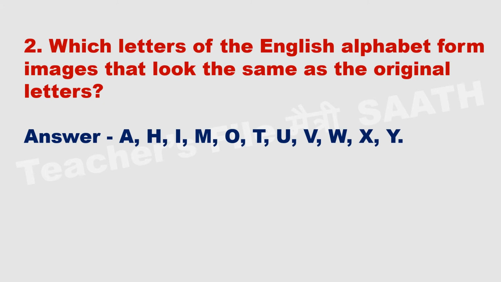Which letters of the English alphabet form images that look the same as the original letters? Answer. A, H, I, M, O, T, U, V, W, X, Y.